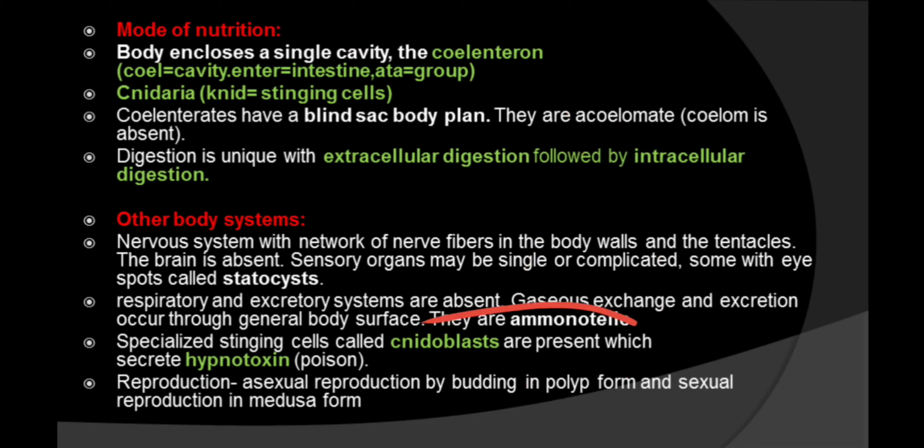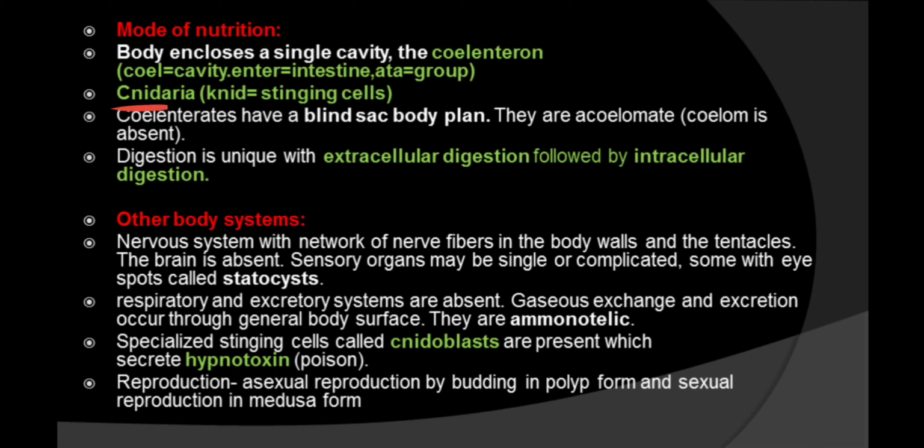Gastro means it helps in digestion and also in circulation. That's why this cavity is known as the gastrovascular cavity. Coelenterata: coel means cavity, enteron means intestine, and ata means group. So they have a cavity intestine.